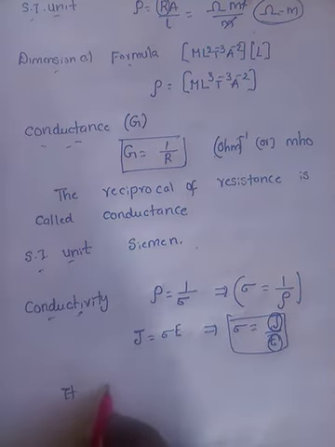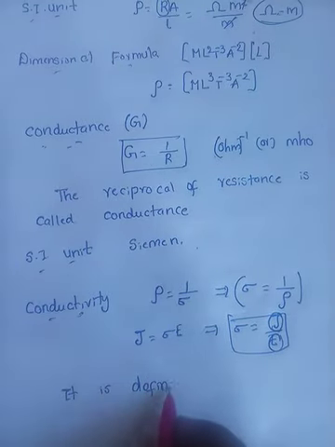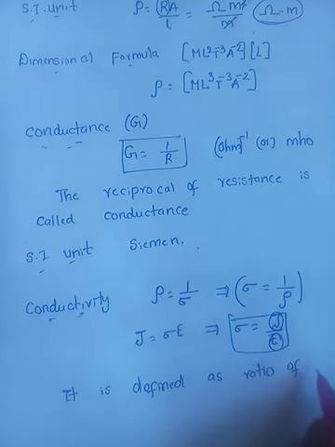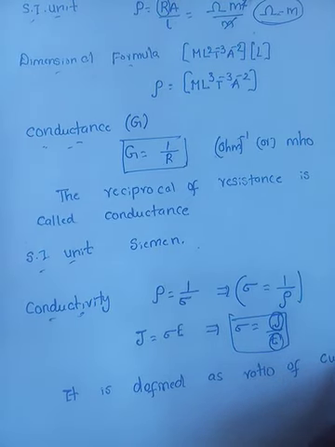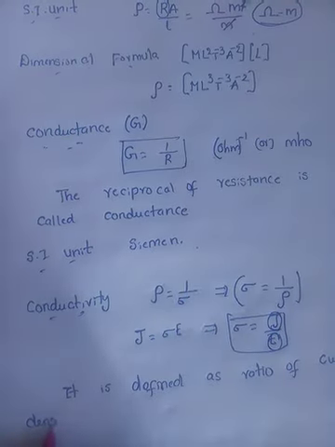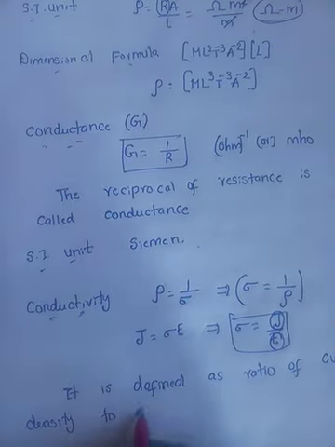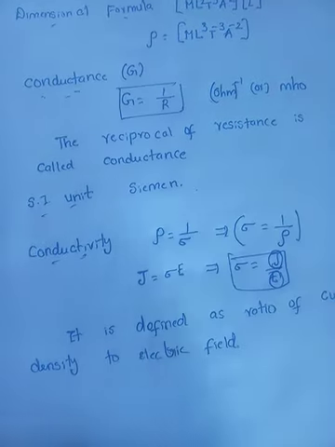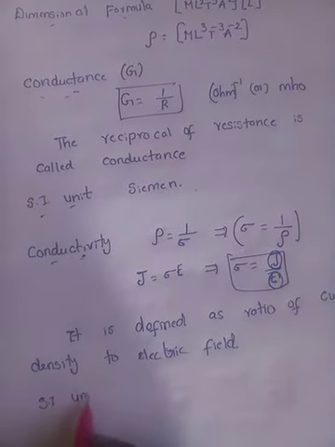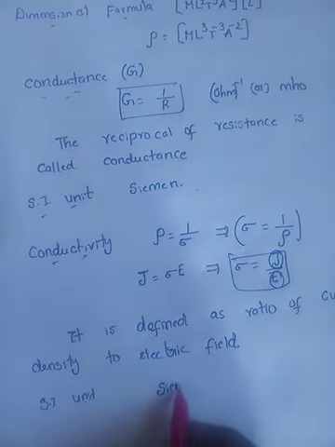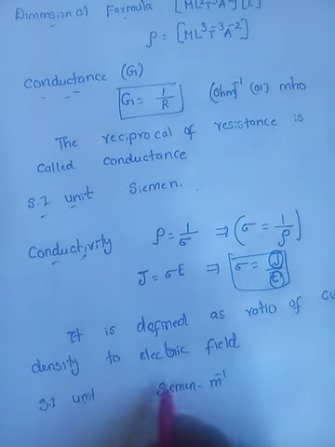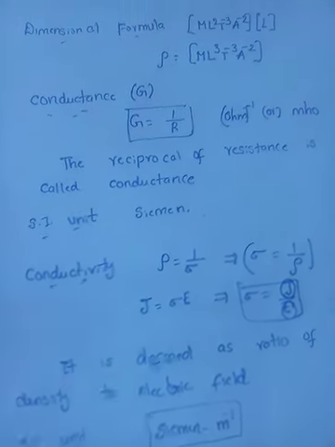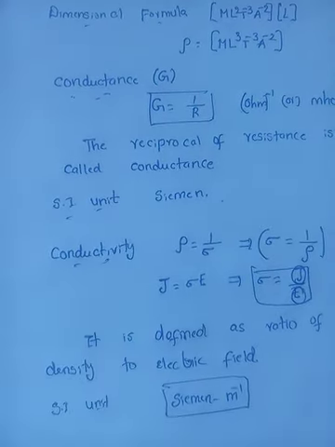It is defined as the ratio of current density to electric field. SI unit is Siemens per meter. So these are the basic definitions required for derivation of the next concepts.